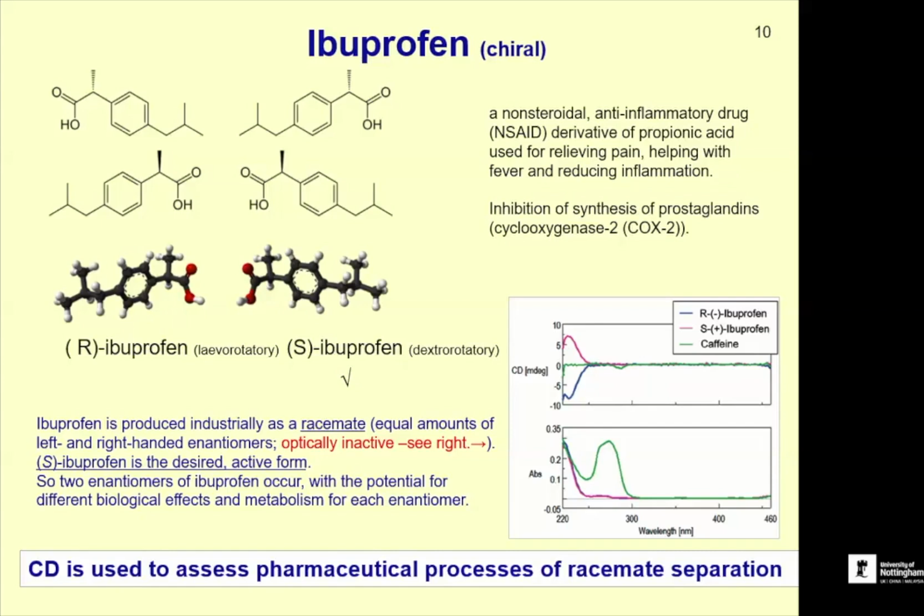You can, yes, fire a CD at it, and you can tell by how much left-handed light is absorbed compared to how much right-handed is absorbed. Yes, and as you separate them, one is going to become predominant over the other. So this is exactly the point, that CD can be used to monitor your racemate separating process.